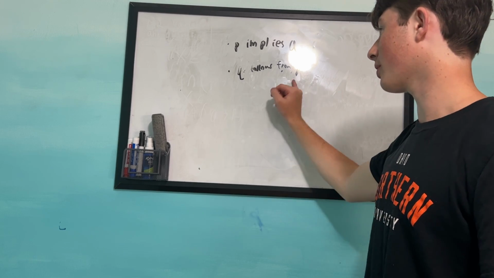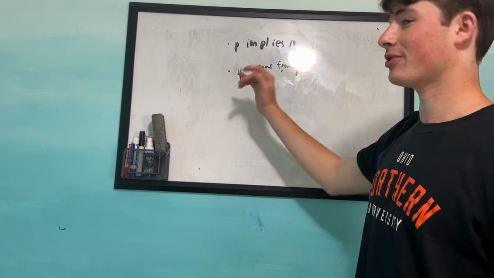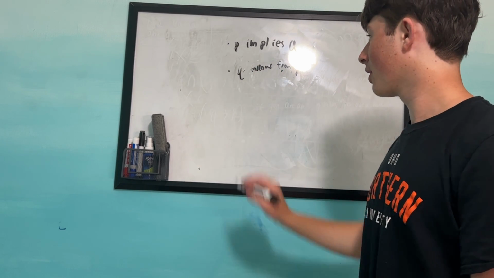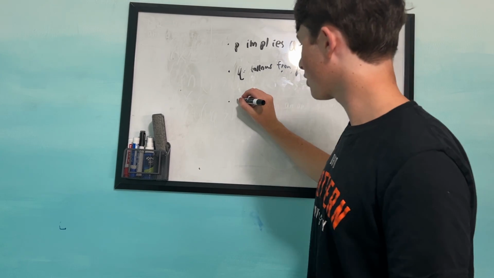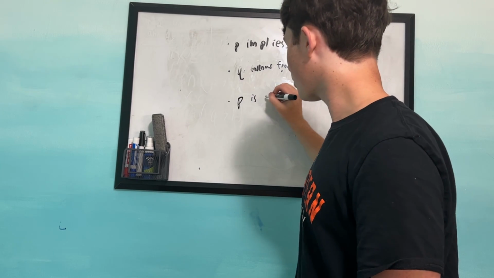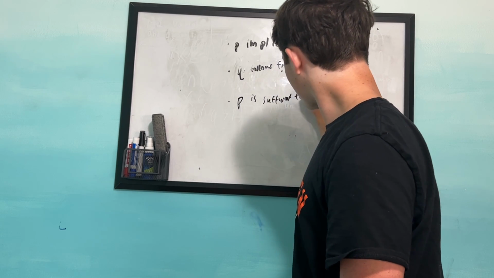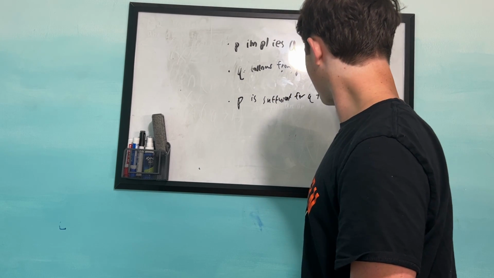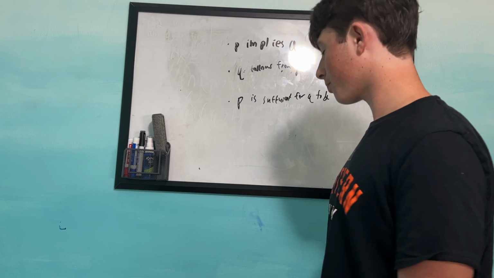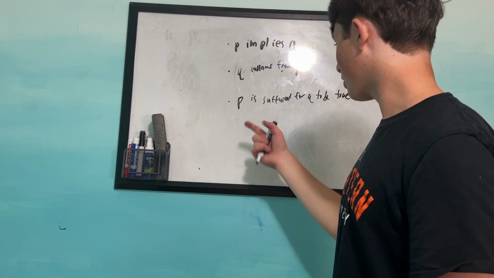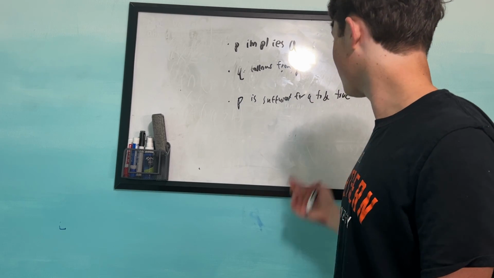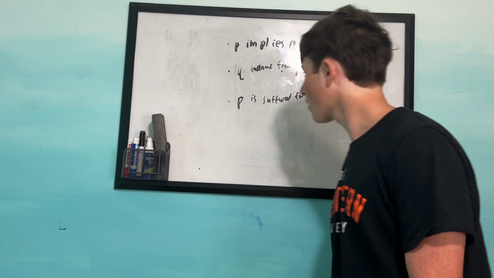Because P is true, that means the next step would be Q being true, so it follows. Then you could say P is sufficient for Q to be true. So if P is true, that's sufficient evidence that Q can be true also.